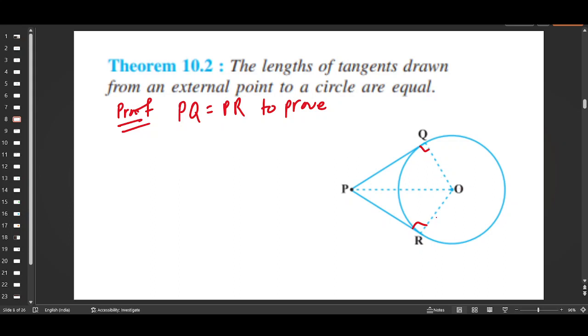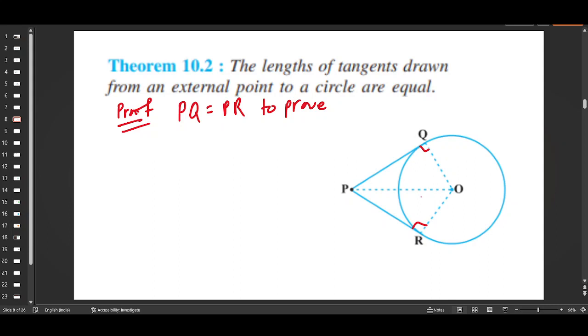Clear? And according to theorem 10.1, they are right angles: if you make any line from a point of contact, then you can draw only one tangent and that tangent will be at a right angle. Clear?